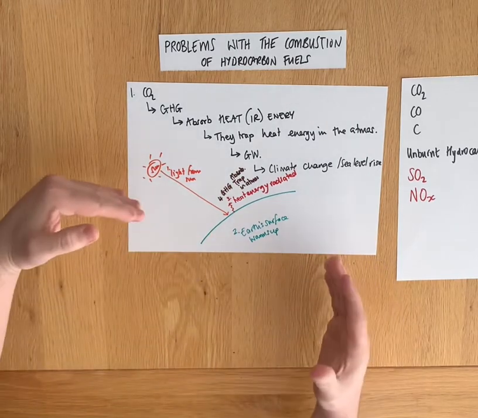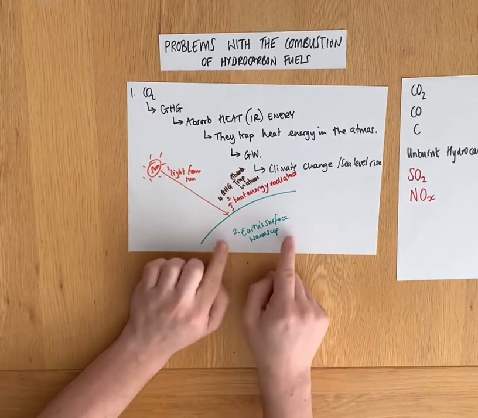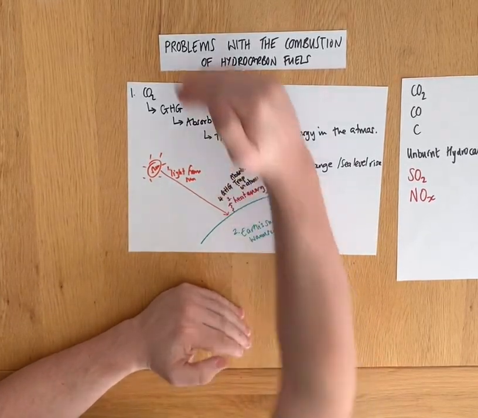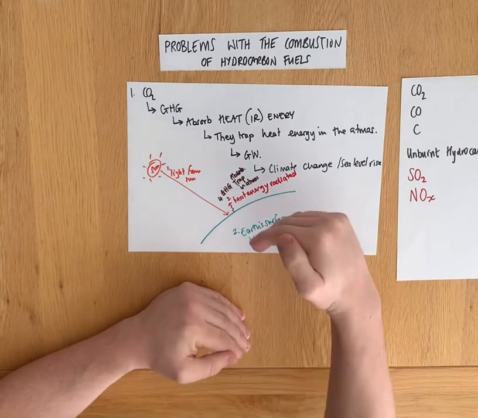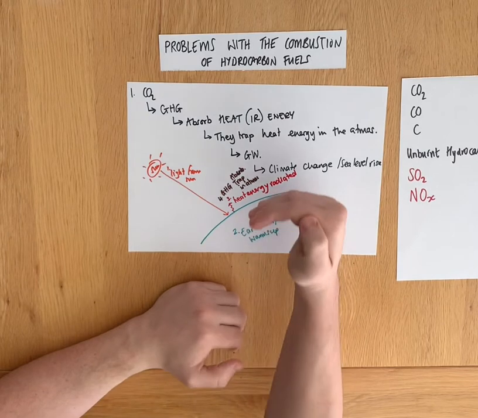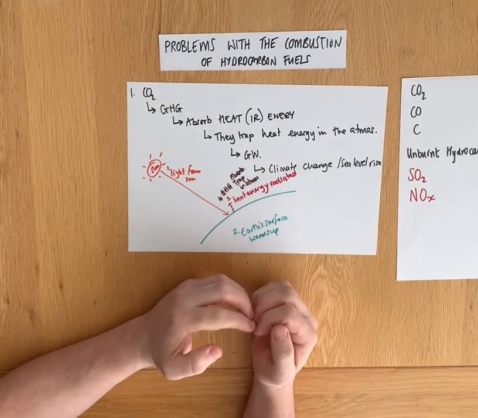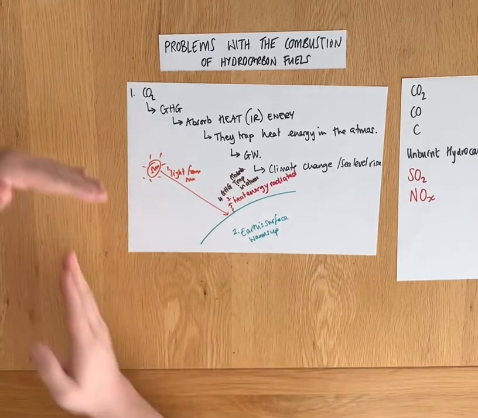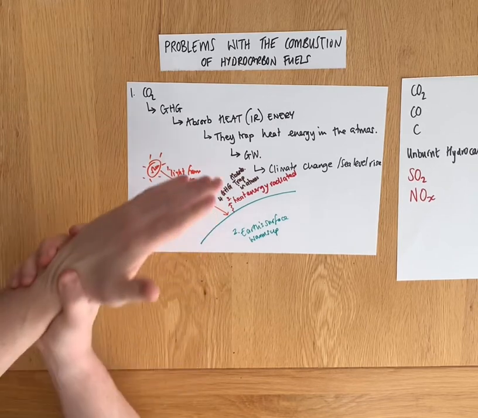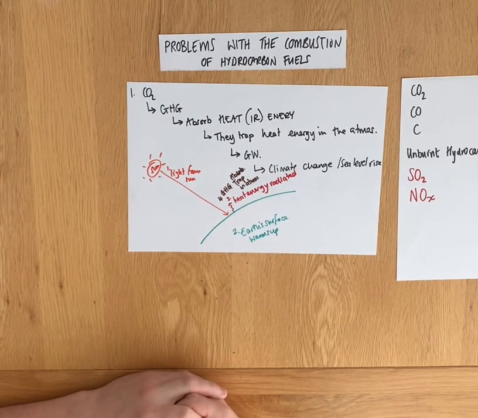So if I just go through that one more time, light energy from the sun travels to the earth, warms the earth's surface up, warm things give off heat energy. That heat energy would normally, with no greenhouse gases, go straight into space, and our planet would be a frozen ball. However, greenhouse gases absorb and trap that heat energy in the atmosphere. The enhanced greenhouse effect is due to more greenhouse gases being in the atmosphere, which trap more heat, therefore the temperature will increase even more, to a greater extent.